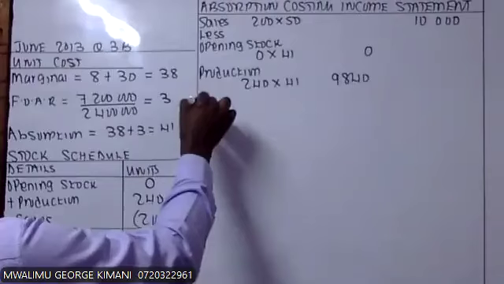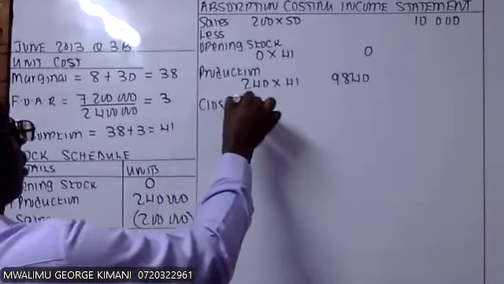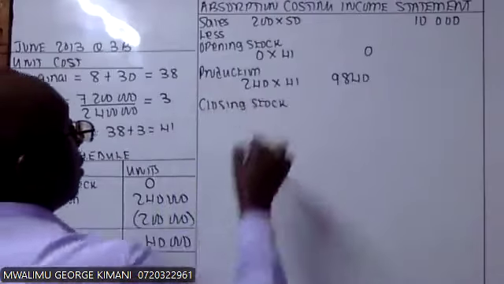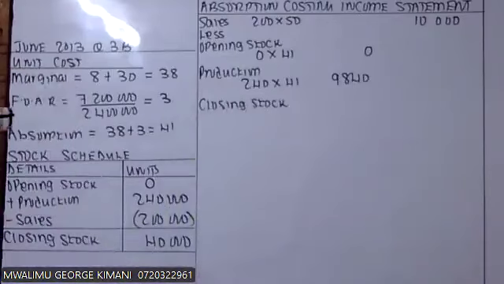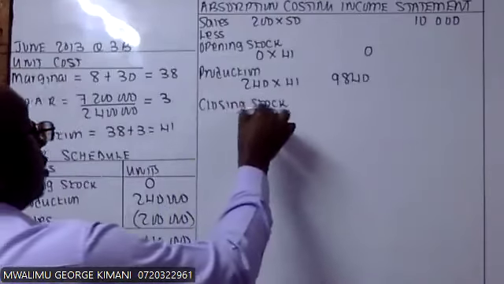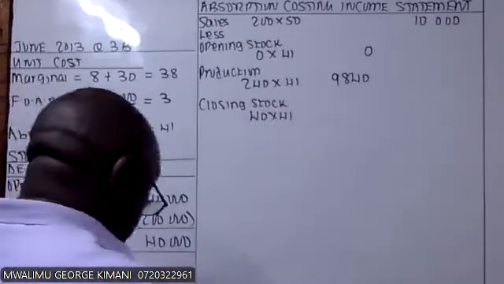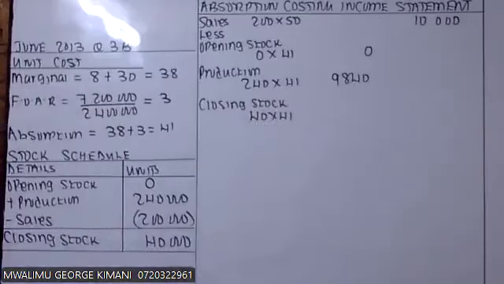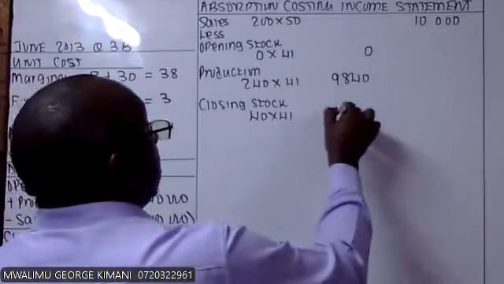Then closing stock. Closing stock is 40 times 41, which is 1,640.